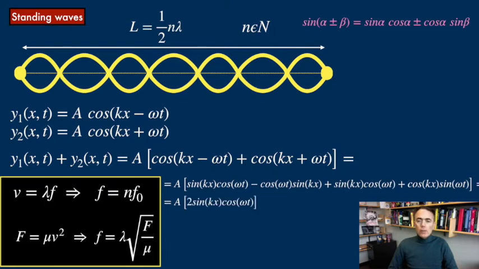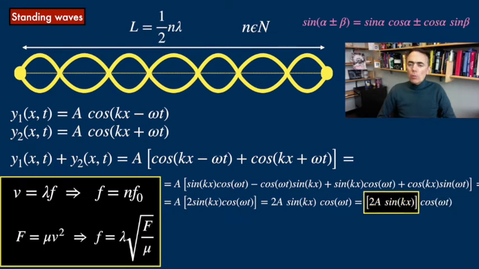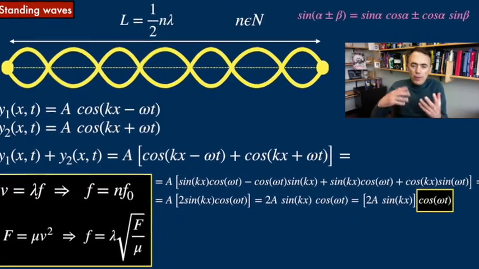So this sum is... so the amplitude of the resulting wave is twice that of the original one. There is still a sinusoidal behavior in the time with frequency omega.